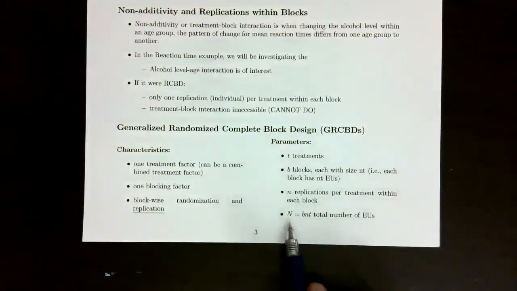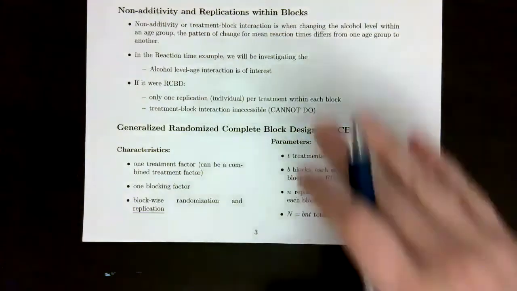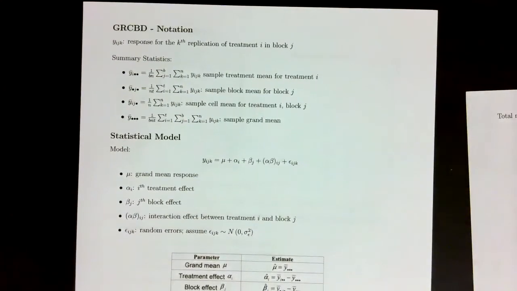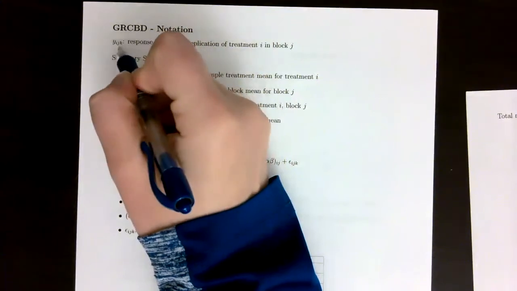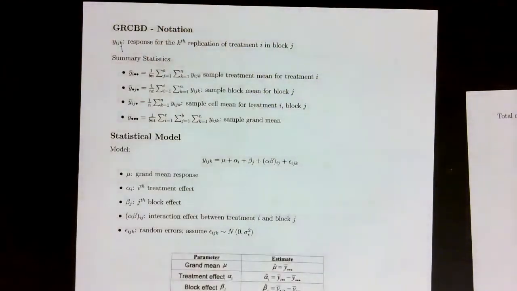And then capital N is the number of total experimental units. If we look at some of our notation, we still have our Yij, but now we have this k, which is the index for the replicate.